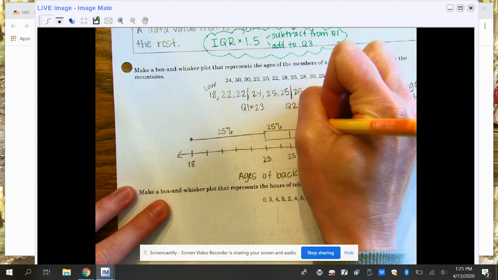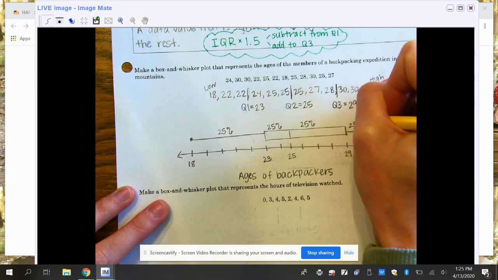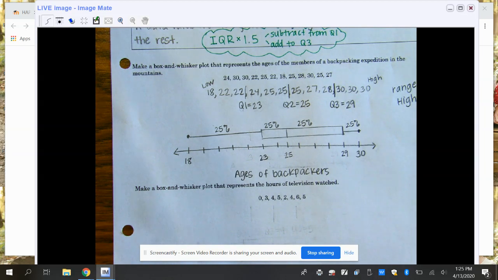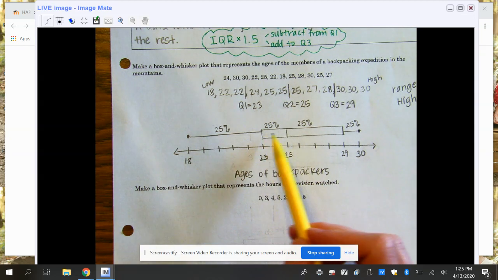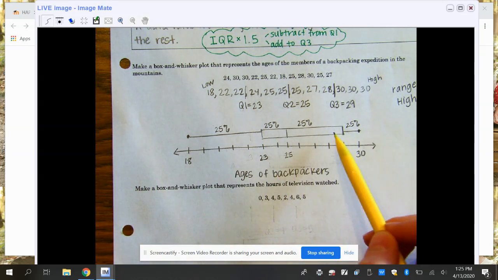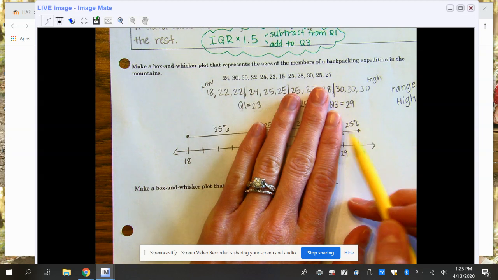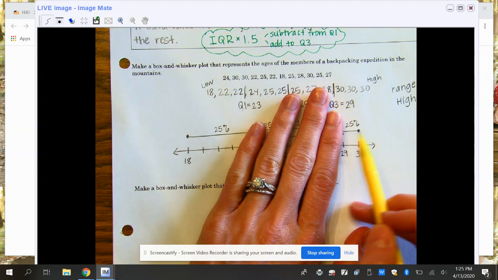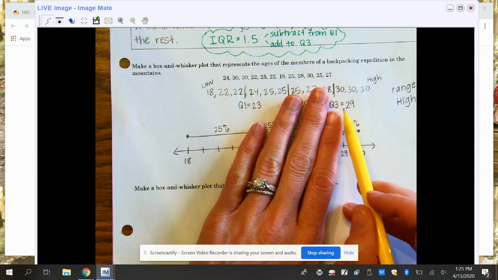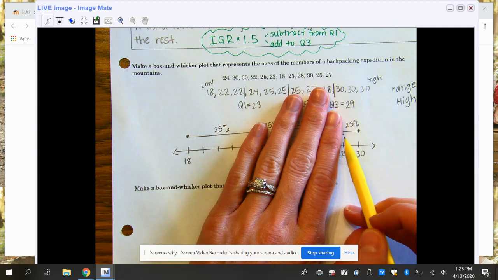So each section represents 25% of your data. So the visual part of this can be kind of tricky for people because these 25% are all different lengths. And what that tells you is how the data is spread out. So when we look at the top 25%, the range is only 1 year, right? Because Q3 is that 29 right there.